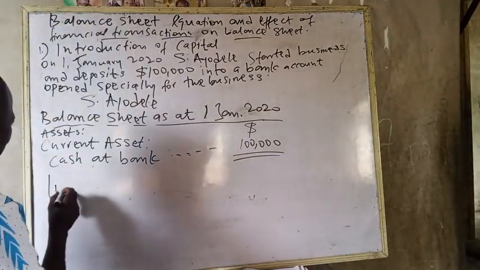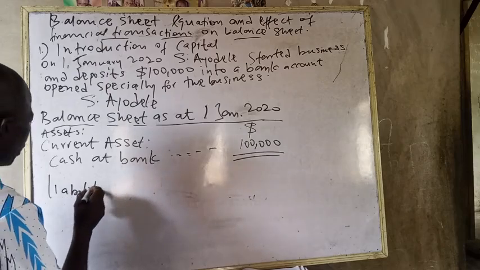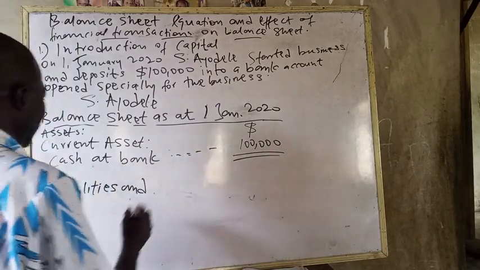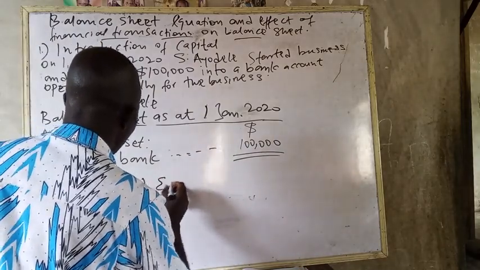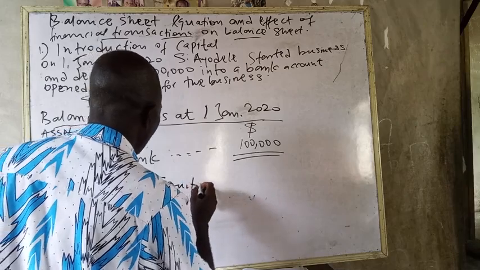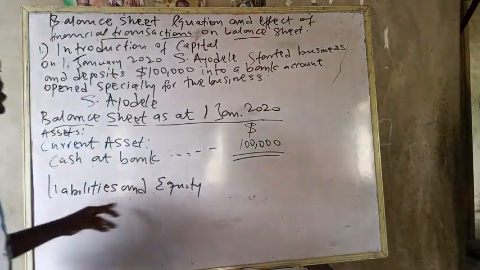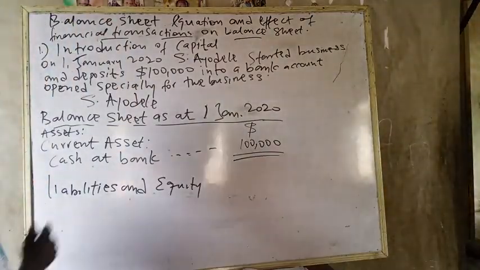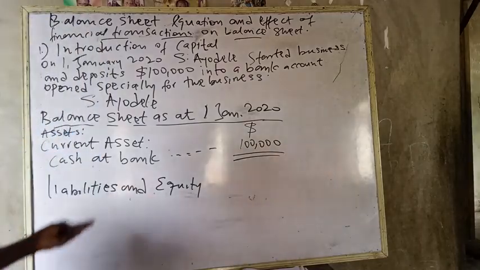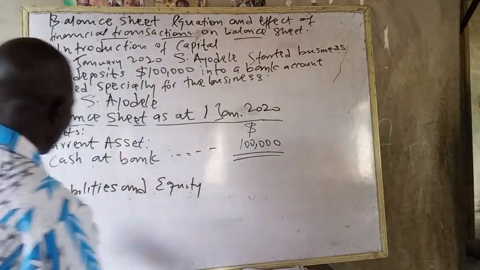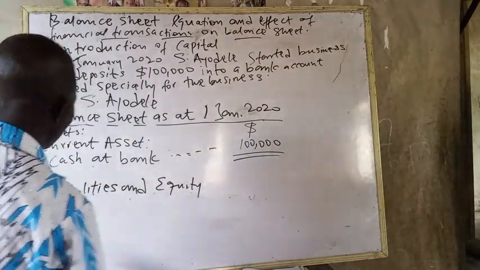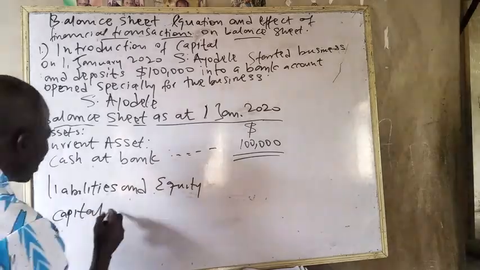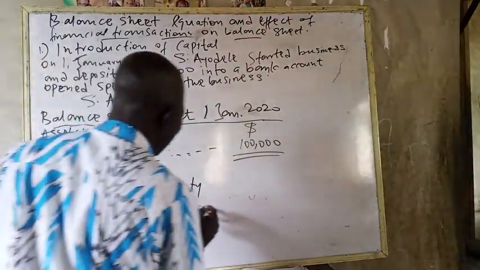Then we have liabilities and equity. The addition of the two has to give rise to what we have in the asset. In this case, there's no liability yet. We have equity. Another name for equity is capital. And how much does he deposit in the bank?